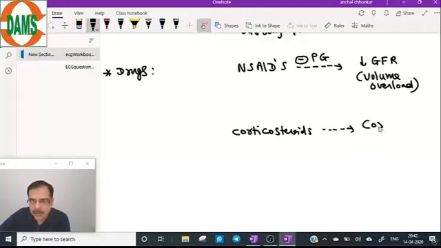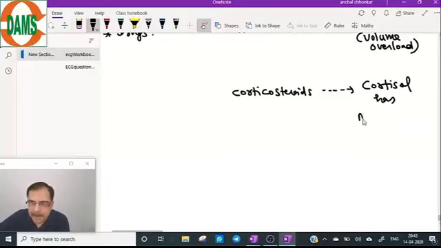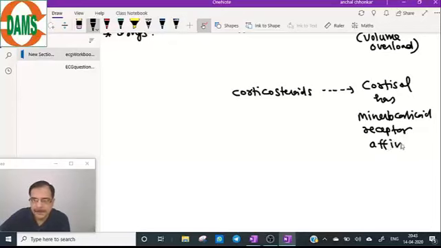The reason: cortisol is the culprit, it has mineralocorticoid receptor affinity. Cortisol has a mineralocorticoid receptor affinity, corticosteroids.